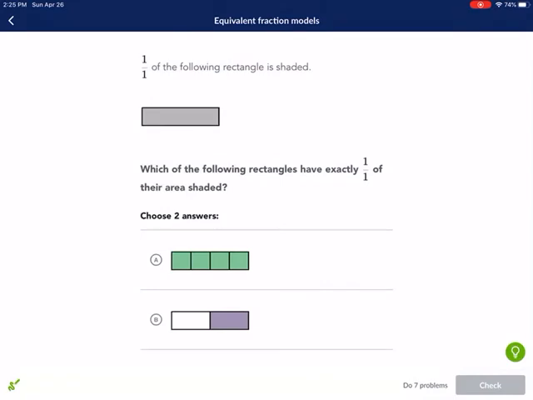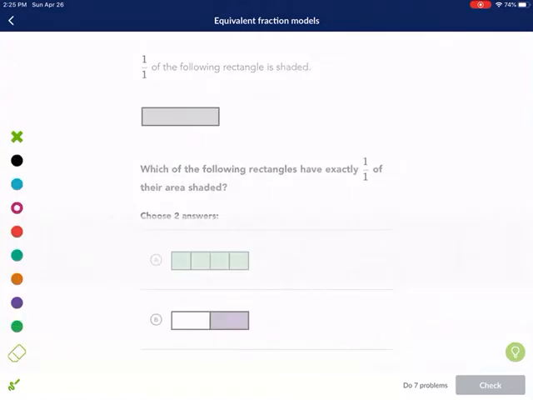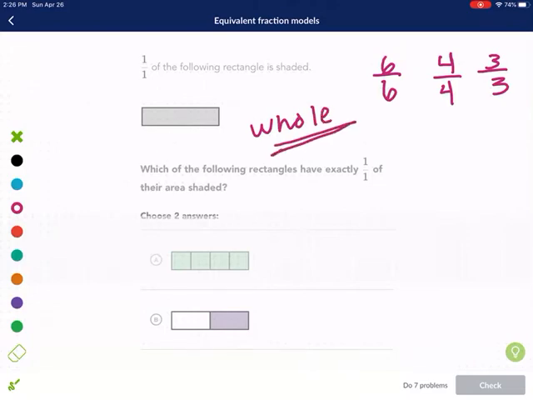Okay, equivalent fraction models. 1 out of 1 of the following rectangle is shaded. So the whole thing is shaded. Every time we see any number like this, so 6 out of 6, 4 out of 4, 3 out of 3, if the two numbers match, that means the whole thing is shaded.